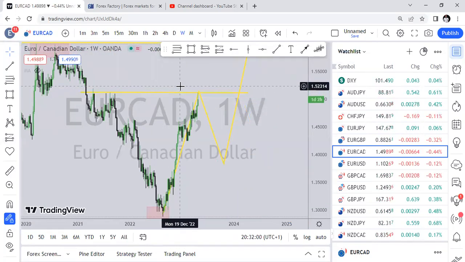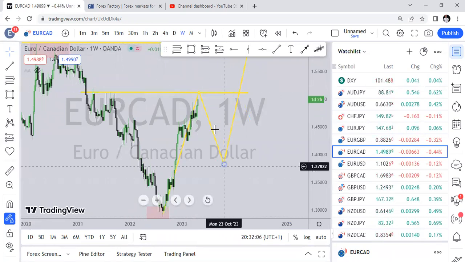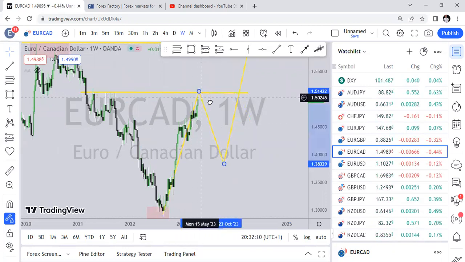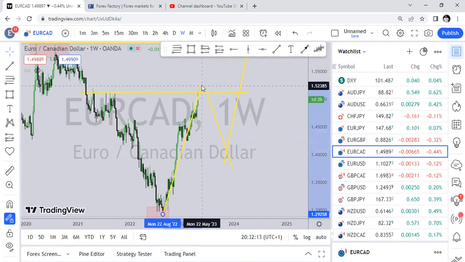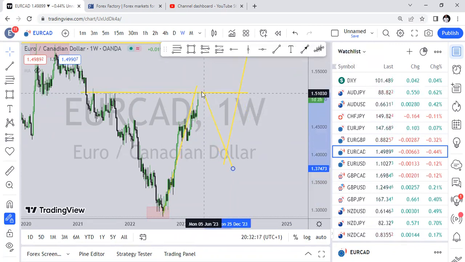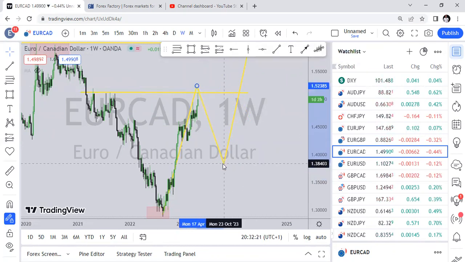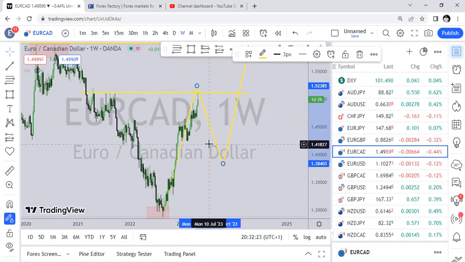So we do not want to be in a hurry to begin to sell off the market in anticipation of this pullback. It will be much better if the market goes above. If the market goes above these old highs, then we can start. It will completely give us signs that it is time to pull back.